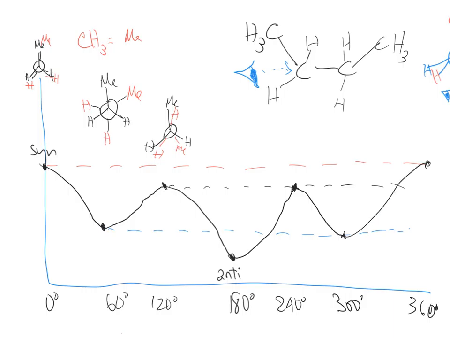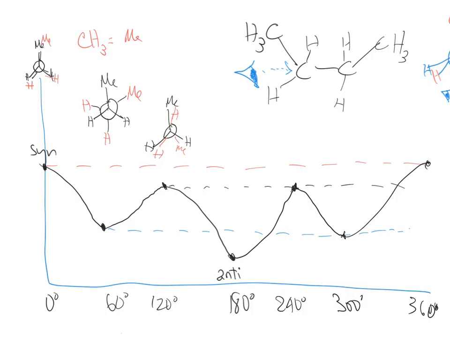Okay, so we had syn, the special names. So syn is bad. We had anti, and at least here anti is good. Then we had, if you notice, that one time when even though they are staggered, they're not as low as they could be. So we have those two localized minima, if you think back to calculus.